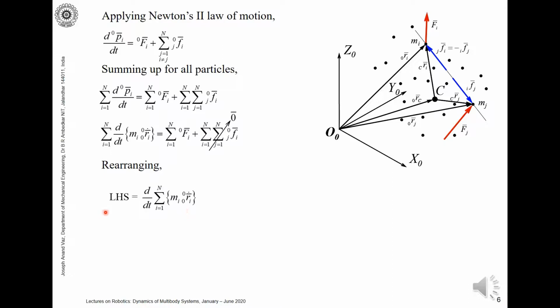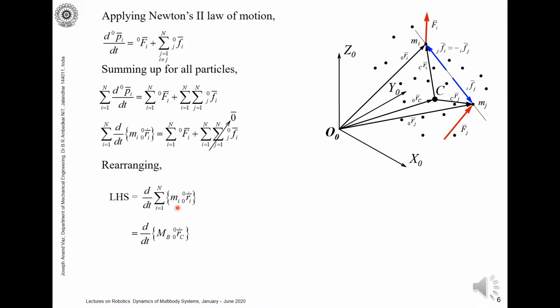So if we rearrange this equation, we get the left hand side, which is the rate of change of the summation of the linear momenta for all the particles, and that can be written like this. In this previous step, we have brought the derivative outside the summation, because it's not affected by the summation sign.